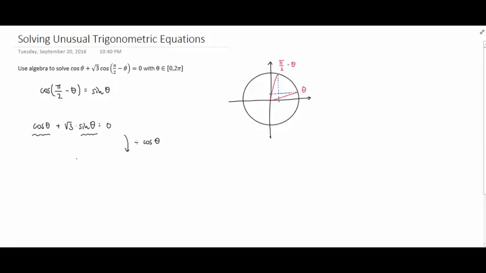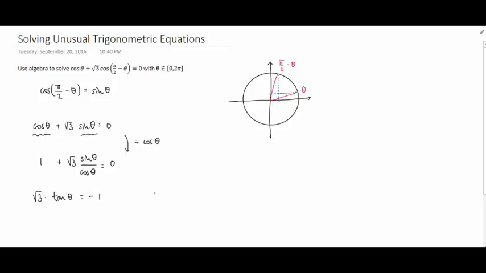So if we do that, what do we get? We get 1, cosine theta over cosine theta is 1, plus root 3 times sine theta over cos theta equals 0. And of course we know that that can be rewritten as root 3 times tan theta, because sine theta over cos theta is tan theta, is equal to negative 1.